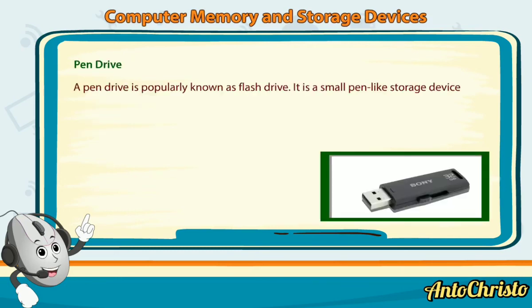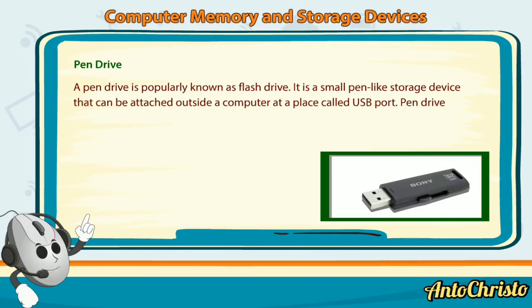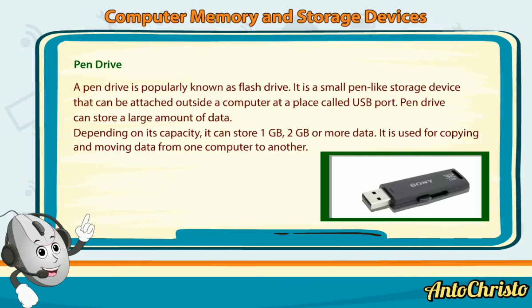Pen drive. A pen drive is popularly known as flash drive. It is a small pen-like storage device that can be attached outside a computer at a place called USB port. Pen drive can store a large amount of data. Depending on its capacity, it can store 1 GB, 2 GB or more data.